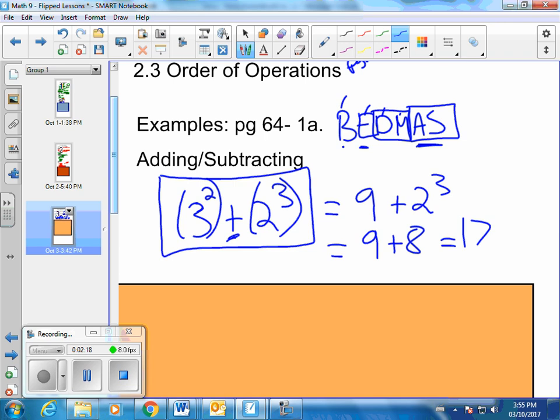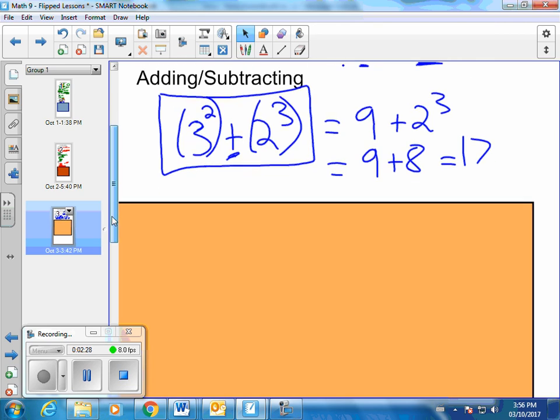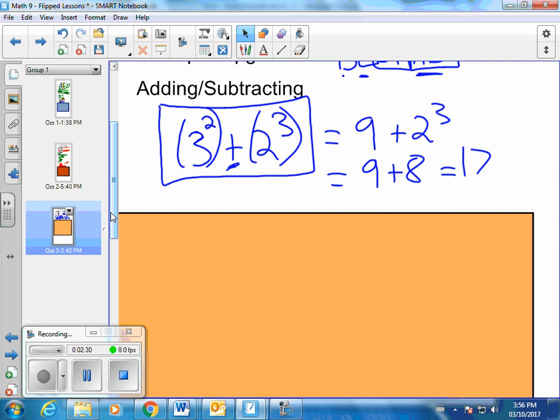Okay, so that is how we solve those. We just break it down into individual steps, and solve each of the brackets or exponents or division or multiplication or addition or subtraction. Each of those gets done on its own.